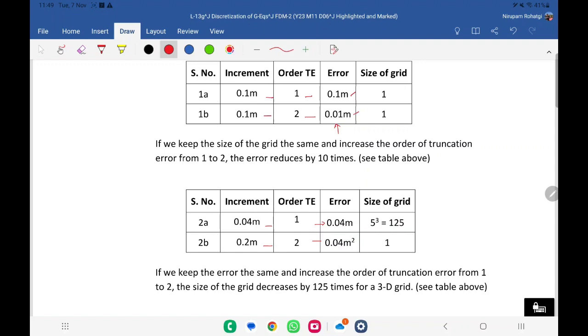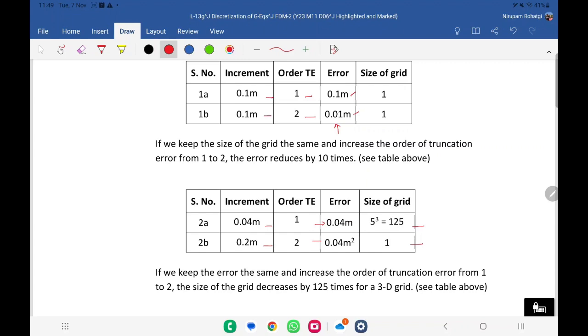So only if this is the ratio between the two, you will get error of the same order, because error is squaring up. So actually the number should be the square root of that. So 0.04 square root will be 0.2. So you are actually increasing 5 times the size. That means in the first case your grid size will be 125 times more than the other.